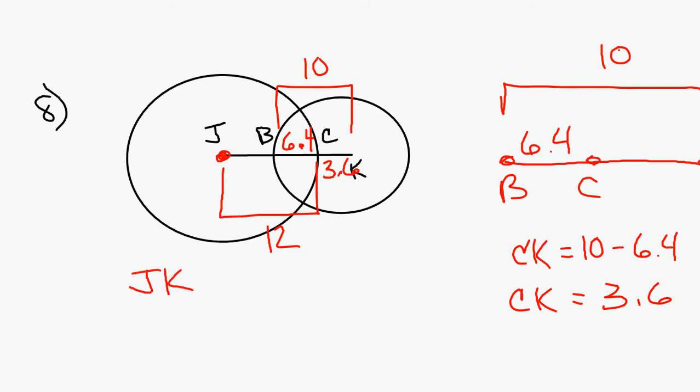You need from J all the way to K. So you've got 12 to here, don't you? From J to C is 12, and from C to K is 3.6. So JK equals 12 plus 3.6, which is 15.6.